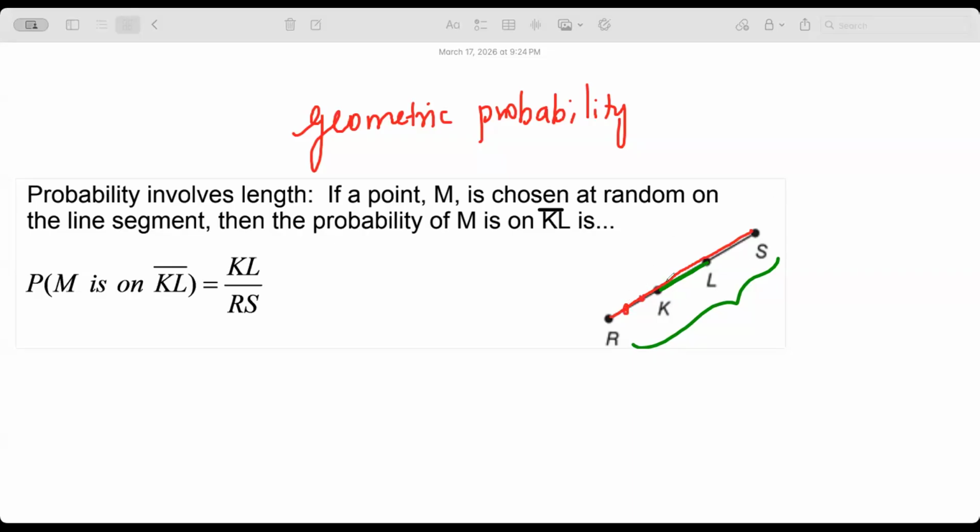I can choose anywhere on it. What is the probability that it will fall within KL? The length KL divided by RS. This is the favorable length, and this is the total length. Does that make sense?